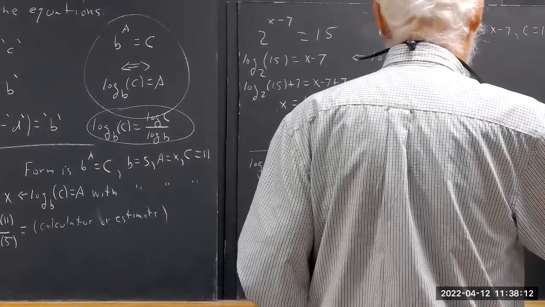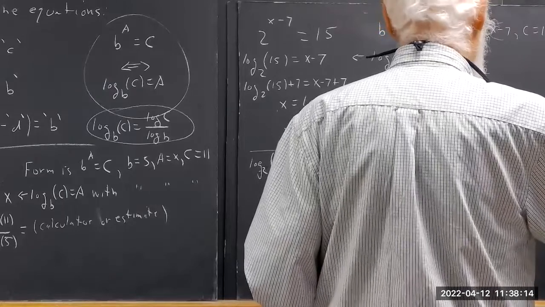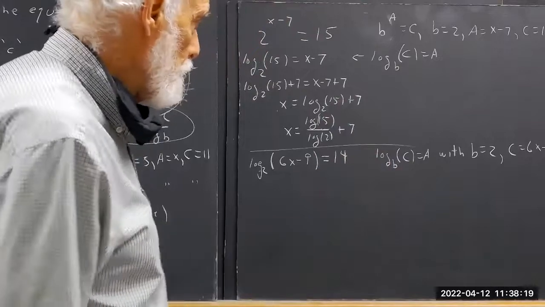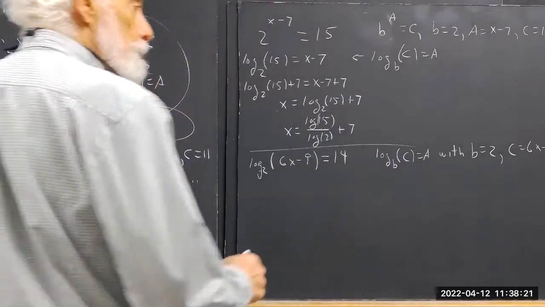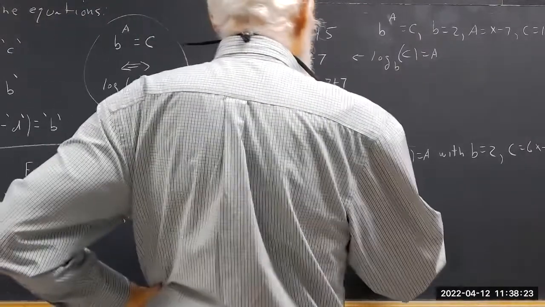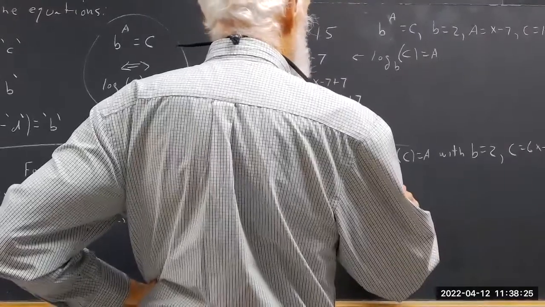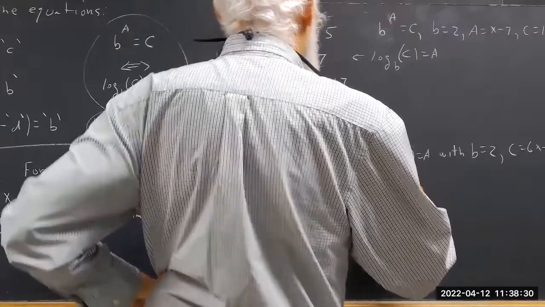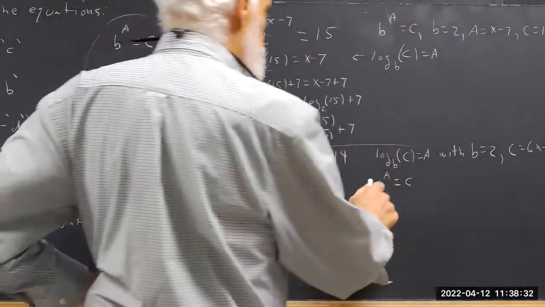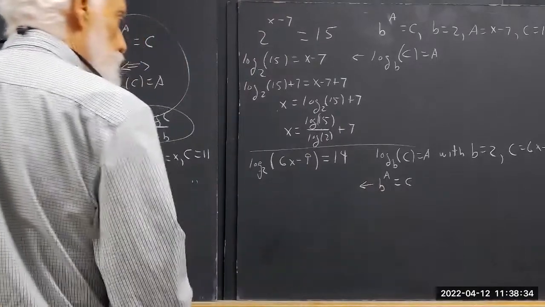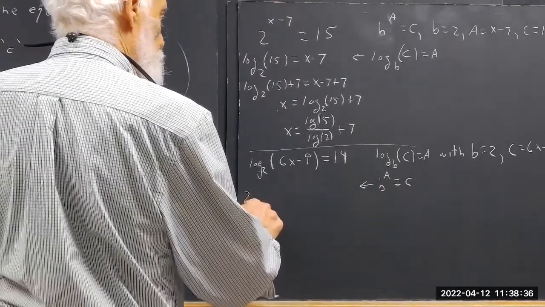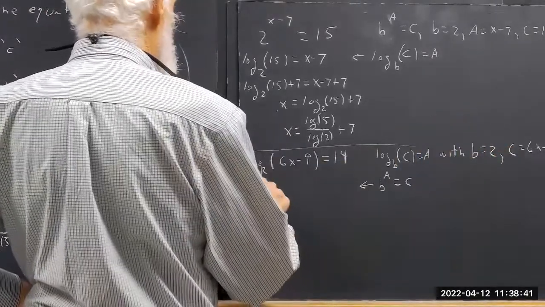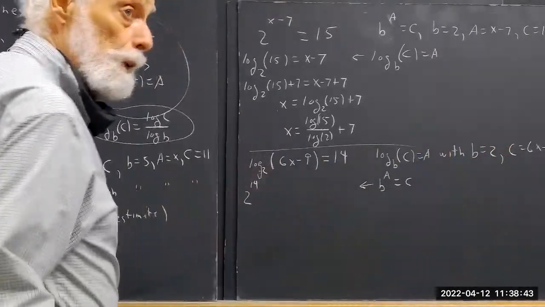And A equals 14, A being the thing on the other side of the equal sign. So this is the form B to the A equals C, which gives you 2 to the 14th. That's kind of a big number.